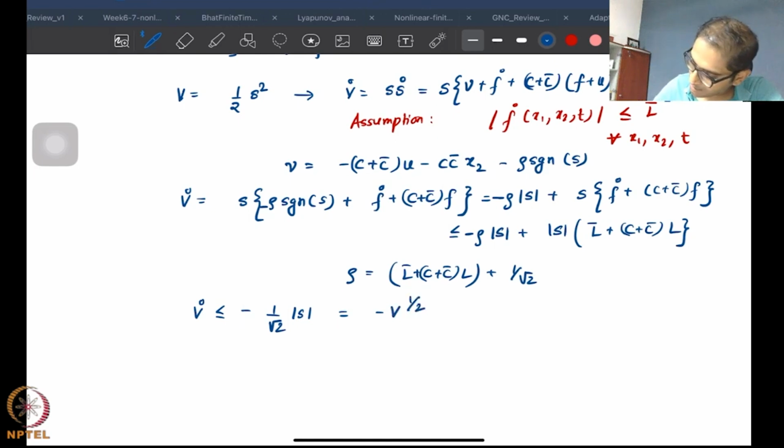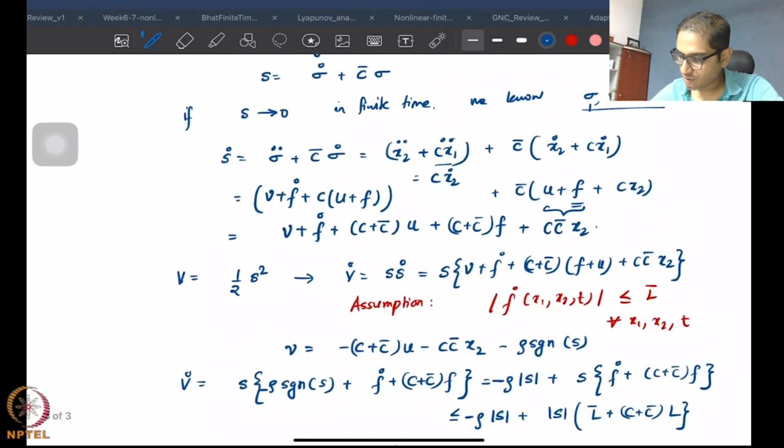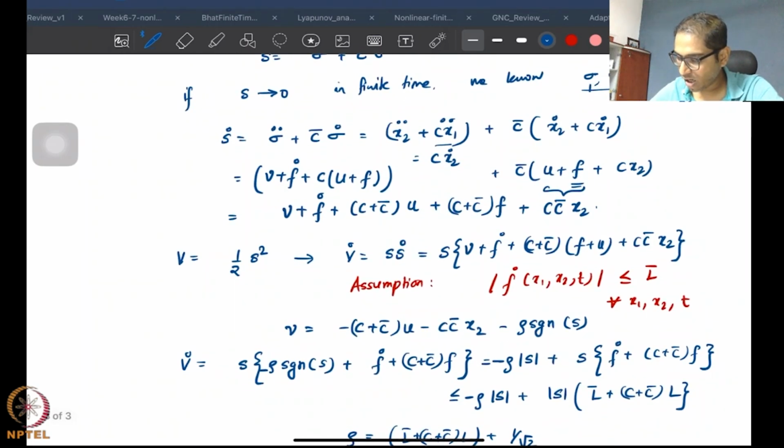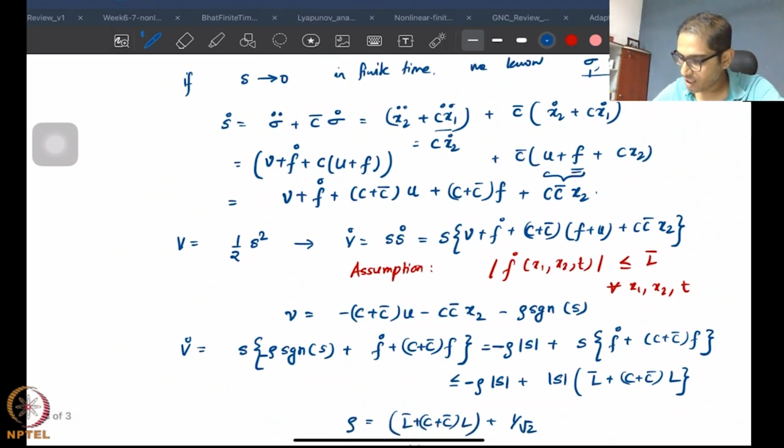And then I'm done. I get my finite time convergence of S. This implies S goes to 0 in finite time, and therefore we have what we wanted to achieve.